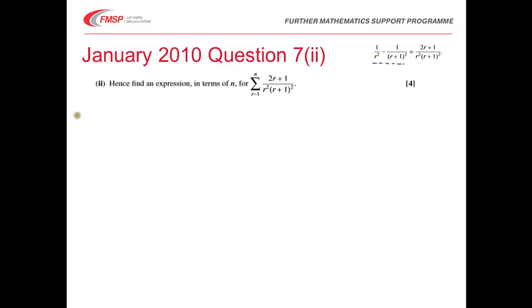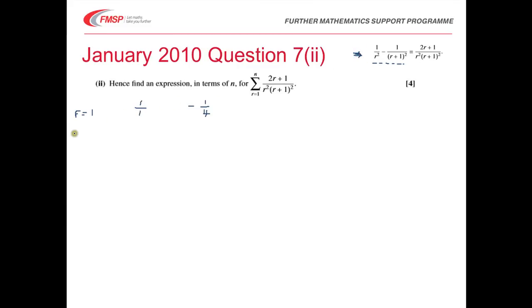So we'll start by taking different values of r. So if r is equal to 1, we would have 1 over 1 squared, which is 1 over 1, minus 1 over 1 plus 1 squared, which is 1 over 2 squared, which is 1 over 4. So all I'm doing is I'm substituting my value of r into this expression here.